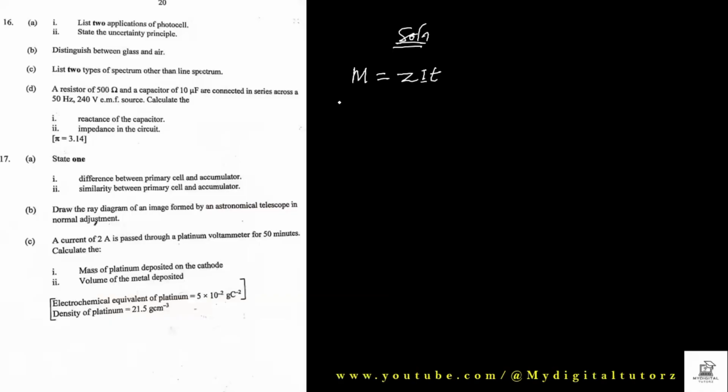From the question, I is given to be 2 amp, and the time T is given to be 50 minutes. So we should convert this 50 minutes to seconds. That would be 50 multiplied by 60, which is 3,000 seconds.